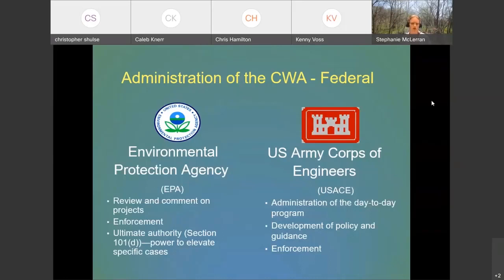But the EPA actually has authority over the Corps. So I guess they can review projects that are permitted, and they can actually veto a permit that the Corps issues, but I don't think that's something that happens very commonly. That's it for that. Next slide.